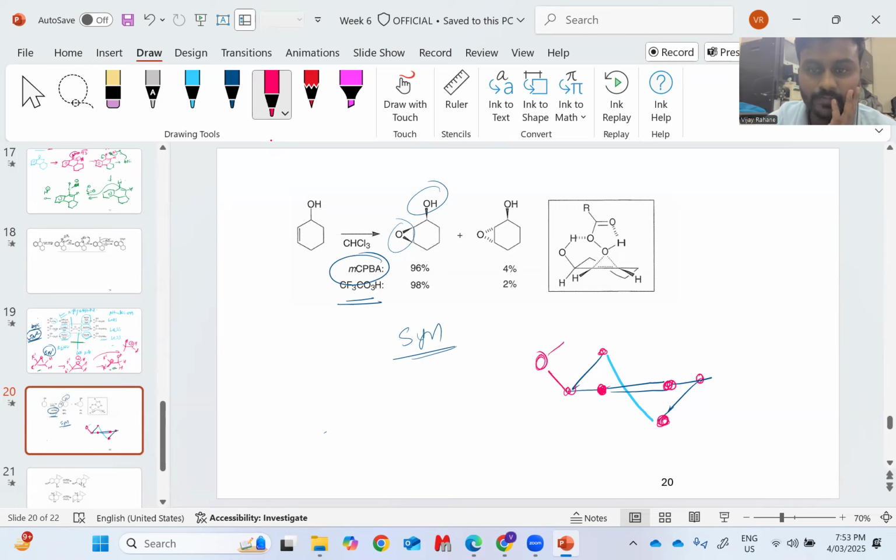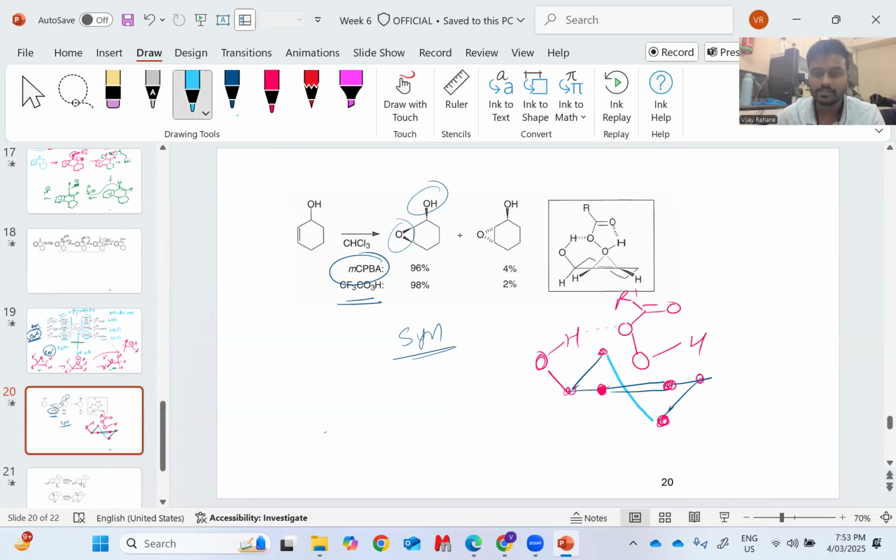So this hydroxy group forms a hydrogen-bonded complex with the peroxide, in this case metachloroperbenzoic acid or the trifluoroperacetic acid. In both cases, it forms a complex which is hydrogen bonded. If you look at this, this is the OH which is going to transfer, right?